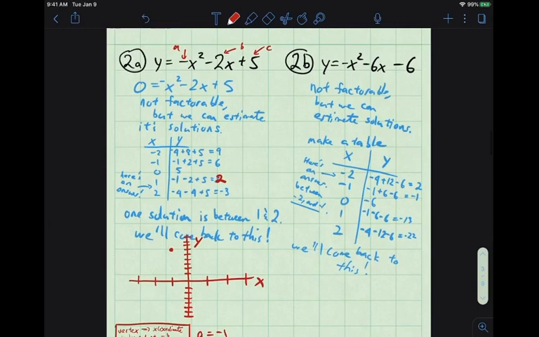Zero is 5. I think my arithmetic here went wrong. This one should be 2, 1, 3. Oh, that's right. -2 is 9.